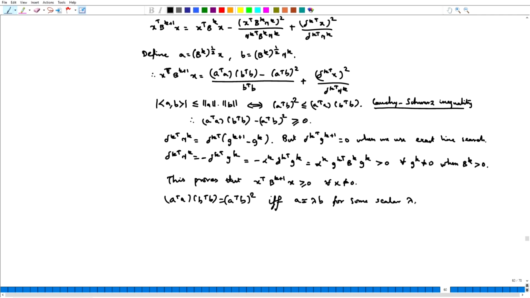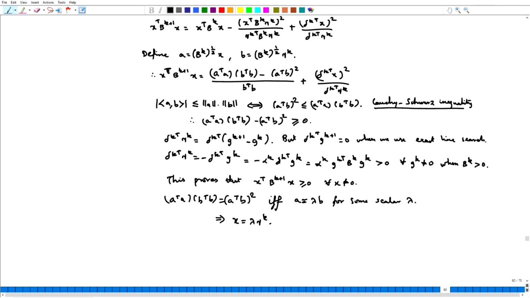Note that A is square root of B_k into x and B is square root of B_k into gamma_k. Since square root of B_k is a positive definite matrix, that is a non singular matrix, so these are going to be unique. Therefore, x will be equal to lambda into gamma_k.